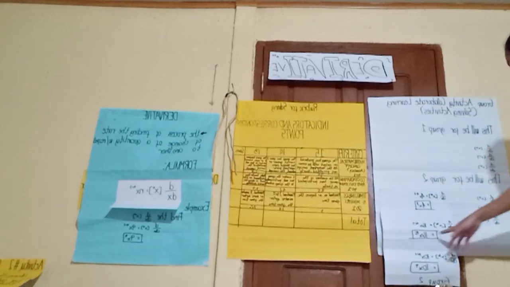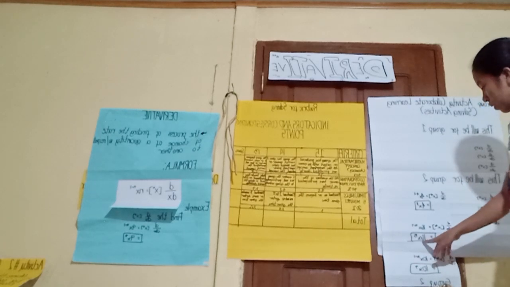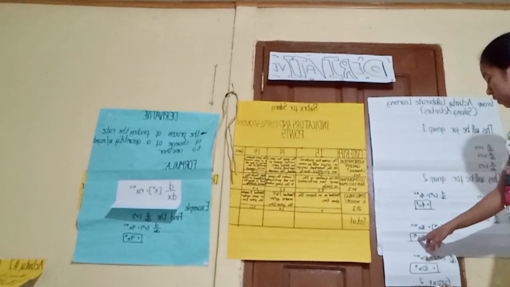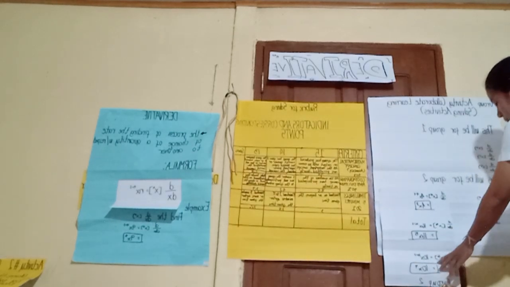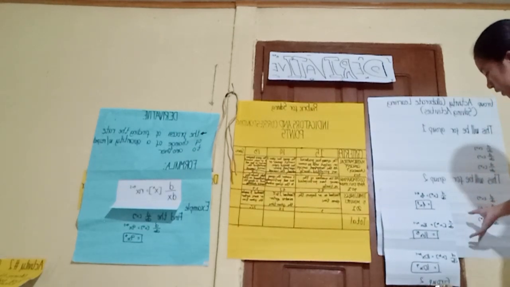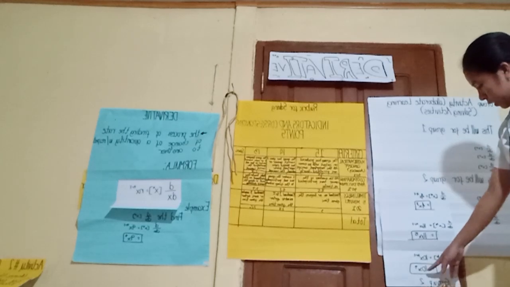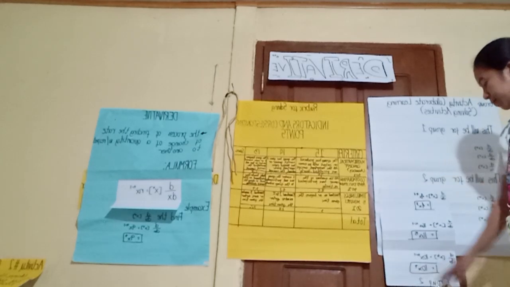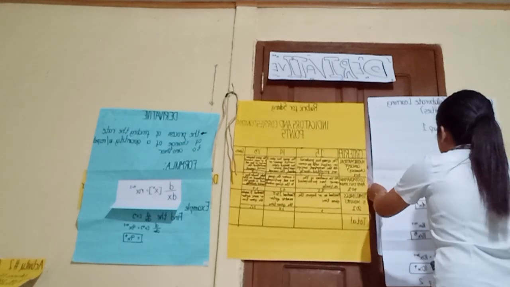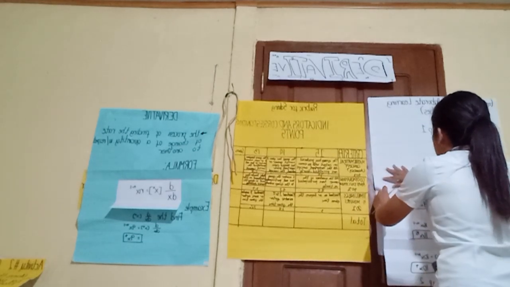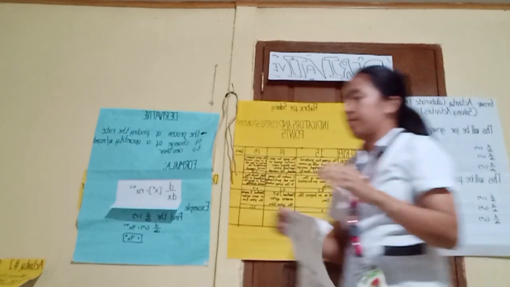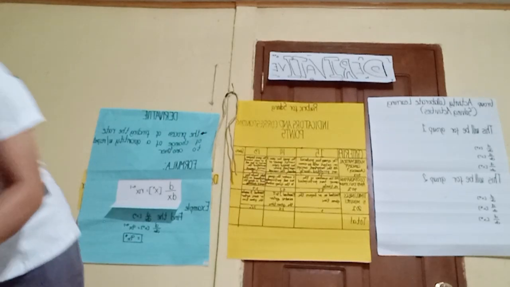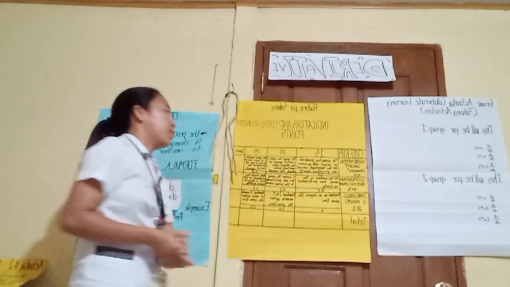The answer to the second problem is 16x to the 15. The answer to the third, the last, is 10x to the 9. So correct. All the groups are excellent. Give them five claps. 1, 2, 3, 4, 5.